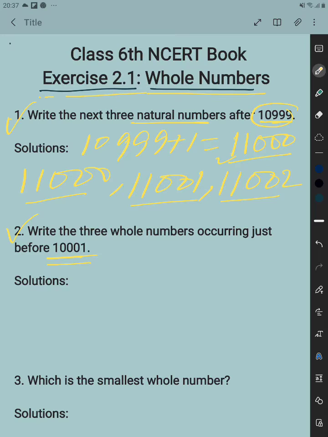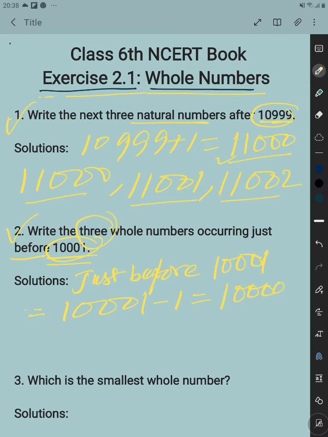So just before 10,001 will be 10,001 minus 1. What will it be? It will be 10,000. Okay, so this is the first one, and we need to write three whole numbers.